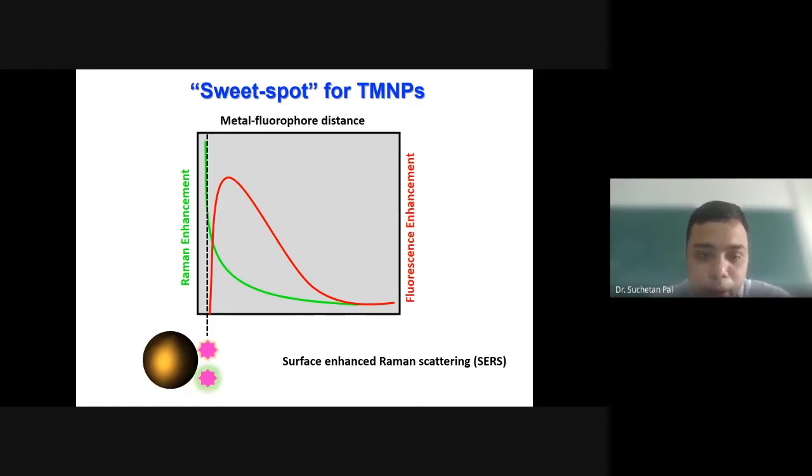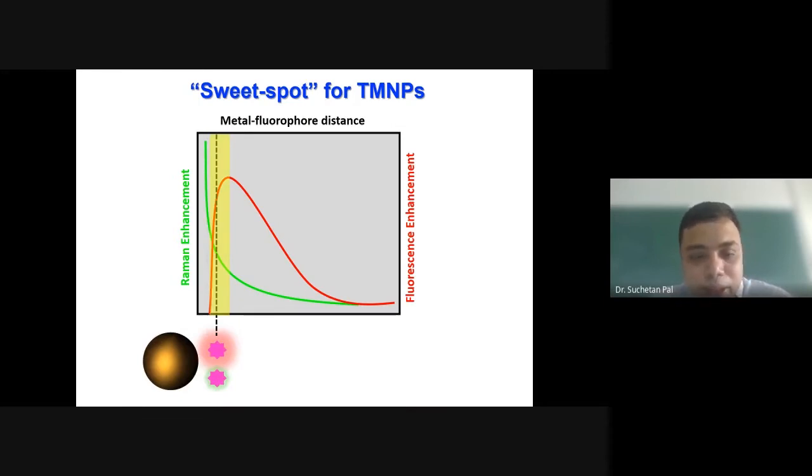To have optimum Raman light as well as fluorescence light, we need to create some distance, which is an optimum distance window. This is typically 2 to 10 nanometers from the surface of the nanoparticle. That's where you need to keep this dye so that you can get optimum fluorescence light as well as Raman light.